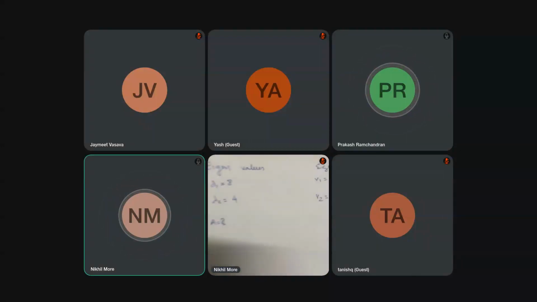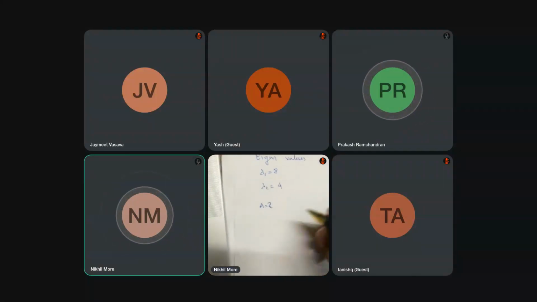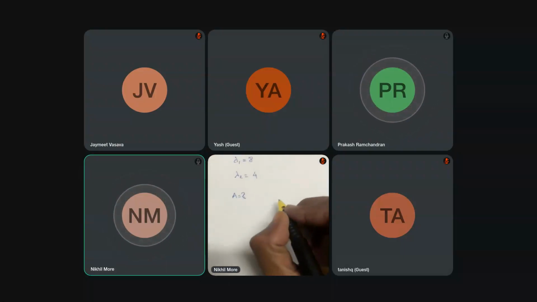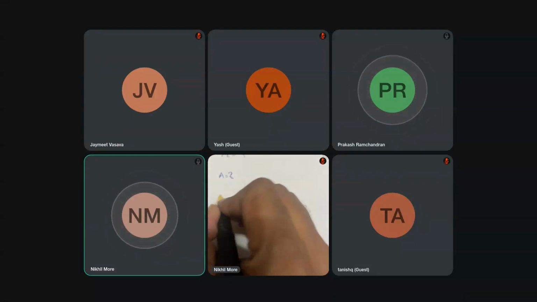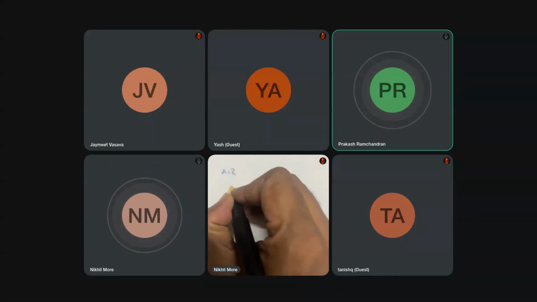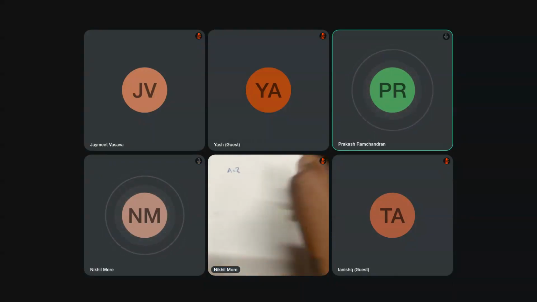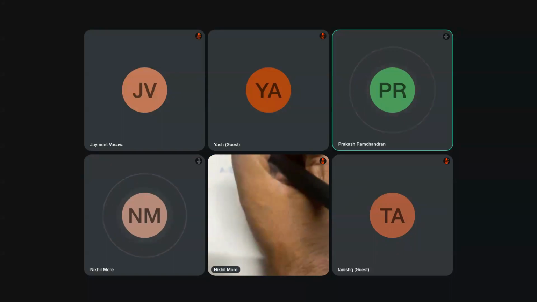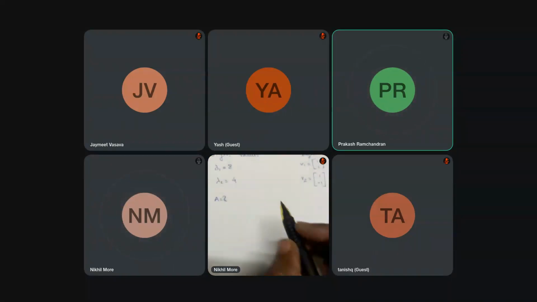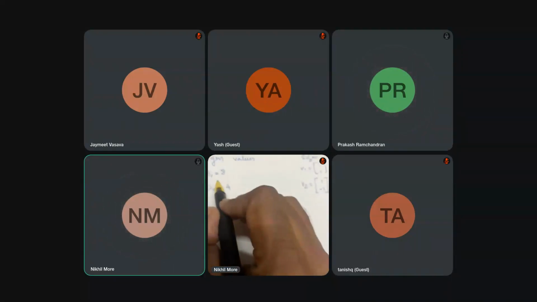So we have the definition of eigenvalues, right? There are two eigenvalues for the given matrix, and the eigenvectors are two vectors. So they have mentioned that there are two cases.